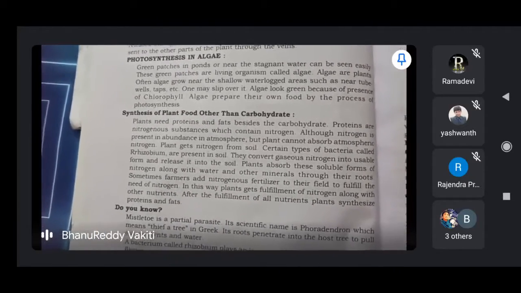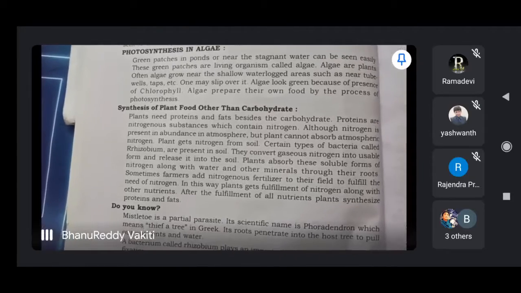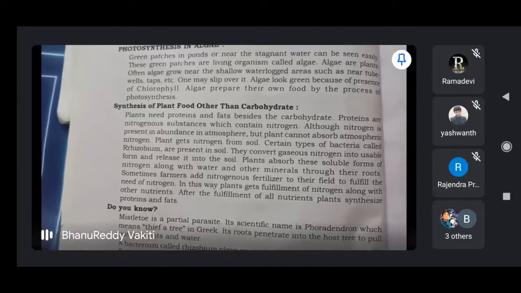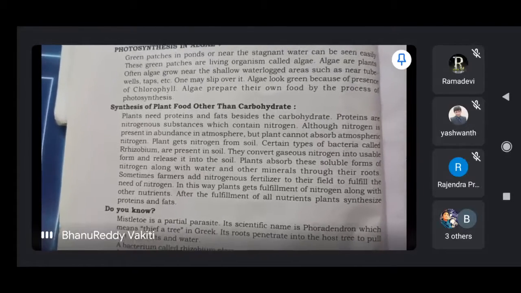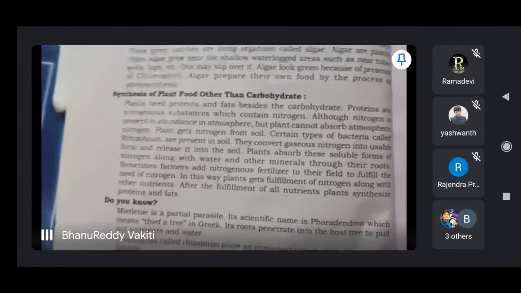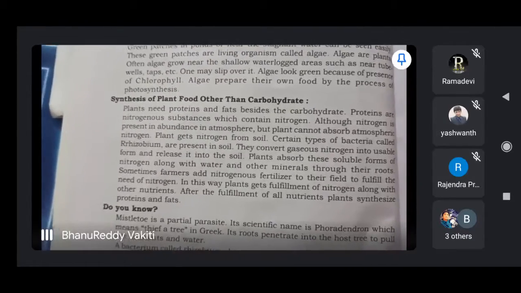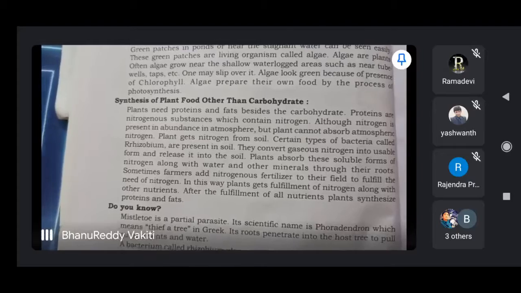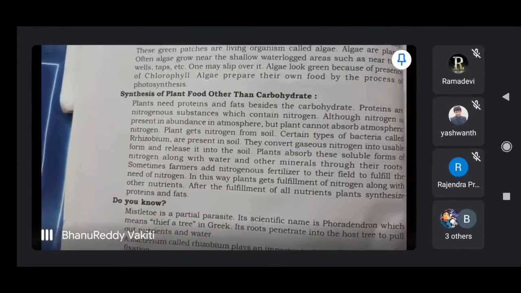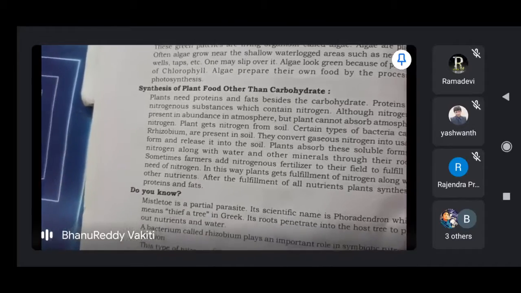But plants cannot take that directly into them. After it is dissolved in soil, then only they can take that nitrogen. Like carbon dioxide, nitrogen they cannot take directly from the atmosphere.